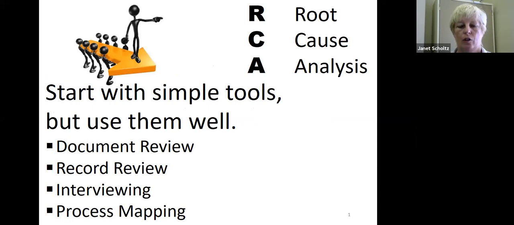Interviewing is where we're gathering data from the people who are working in that process, and process mapping to understand the process. So all of these tools can be used, and you'll have your handout, and you would have been through that handout. And we're going to just pick a few of the common tools that we use in laboratories for root cause analysis to go through today.